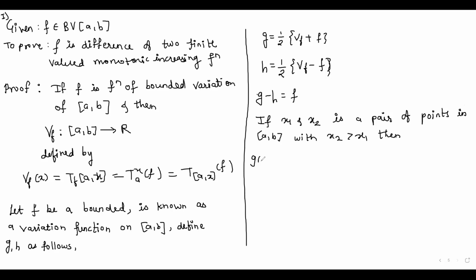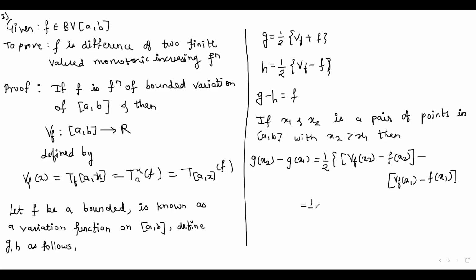g of x2 minus g of x1, by definition of g, is half of, in bracket, variation of function over x2 plus f of x2, minus g of x1, which is variation of function over x1 plus f of x1.